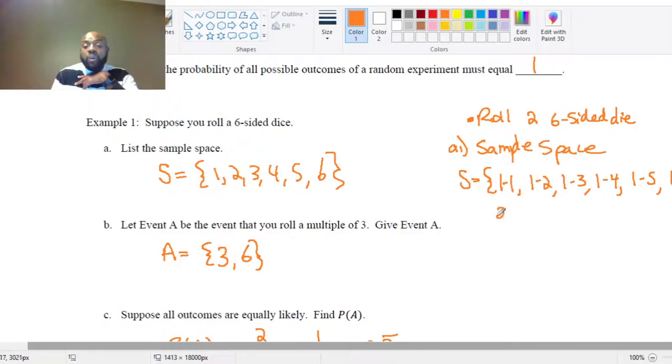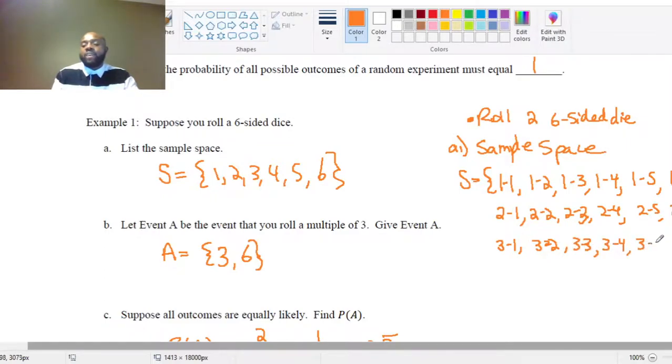Then I can roll a 2 on the first dice and a 1 on the second, right? So I get 2, 1, 2, 2, 2, 3, 2, 4, 2, 5, and 2, 6, right? And this is if we can distinguish between the two dice, which we'll assume here. Then I can roll the 3 first: 3, 1, 3, 2, 3, 3, 3, 4, 3, 5, 3, 6, right?